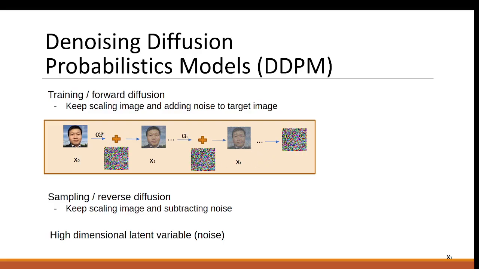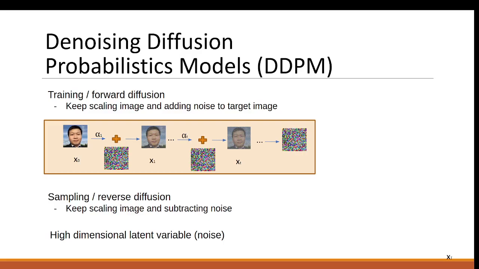So this is why we do this scaling. The forward diffusion is just to keep adding noise, scale and add noise, repeat that for many steps, like 1,000 steps, and eventually you get this noise. Sounds fairly straightforward.